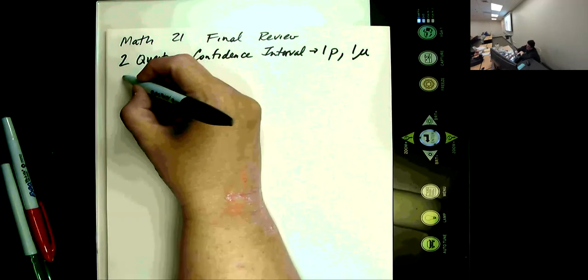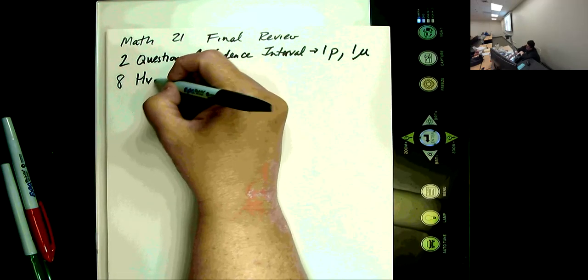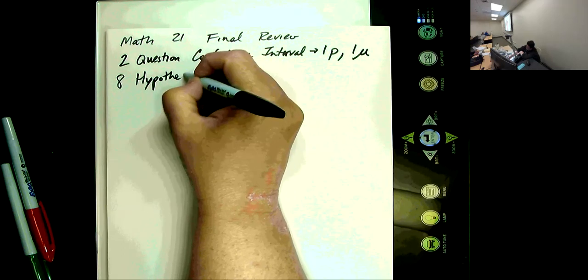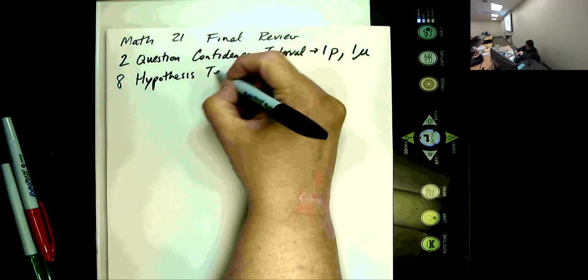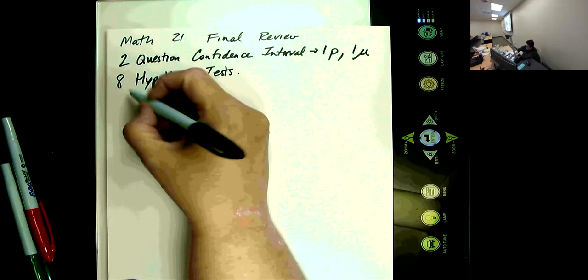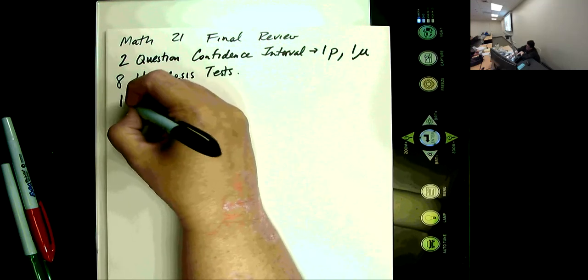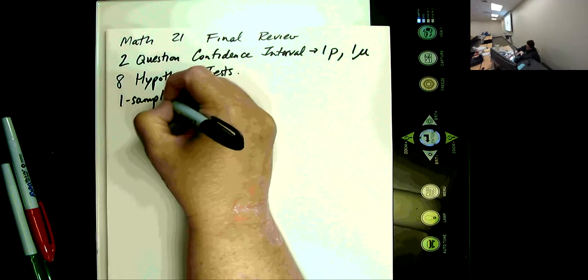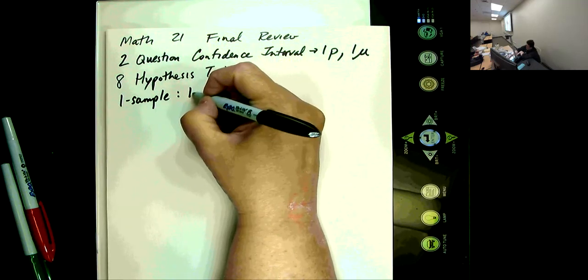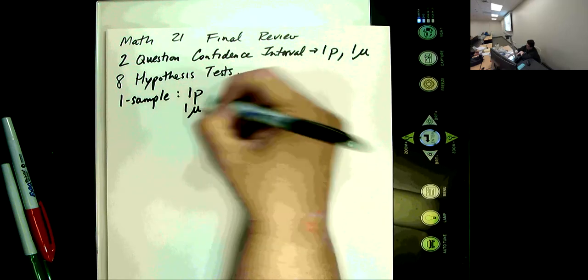Then you will have 8 questions on hypothesis test. We've covered 8 hypothesis tests in this class. For our 1 sample tests, we have done the 1 proportion test and the 1 mean test.